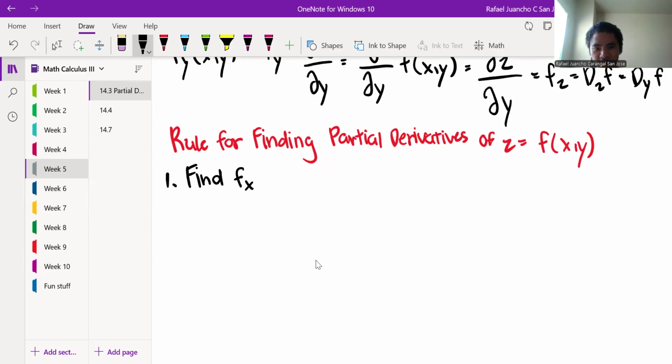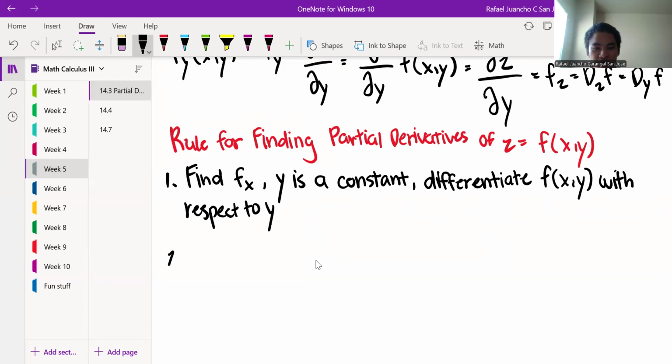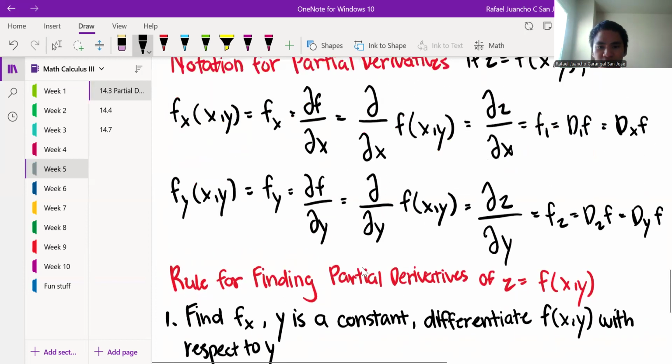So we focus on that first variable. And here we say y is a constant. And then we differentiate our function f with respect to x. So we take the derivative of our two variable function with respect to x. We're going to see some examples of how exactly this works, right?